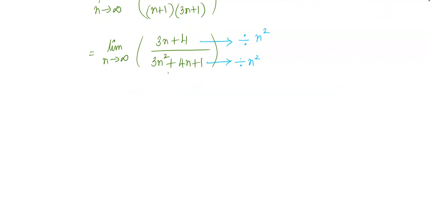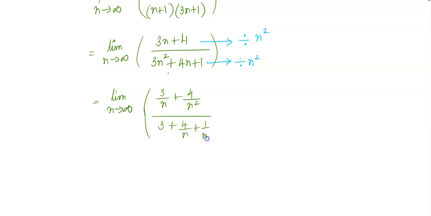In particular, we do not want any n left over in the numerator, like you don't want a 3n left over. You want a 3 over n, that kind of a setup. So 3n over n squared will be 3 over n, plus 4 over n squared on the top, divided by 3n squared over n squared, which is 3 plus 4 over n plus 1 over n squared.